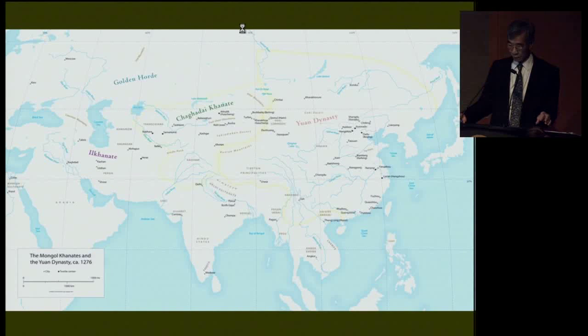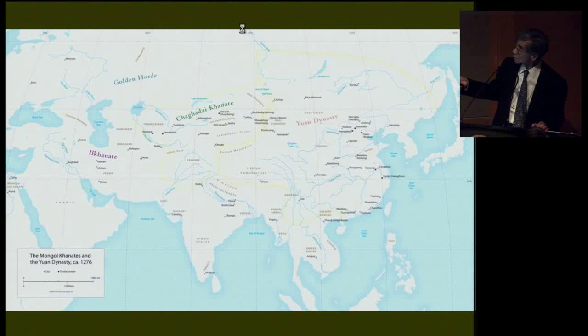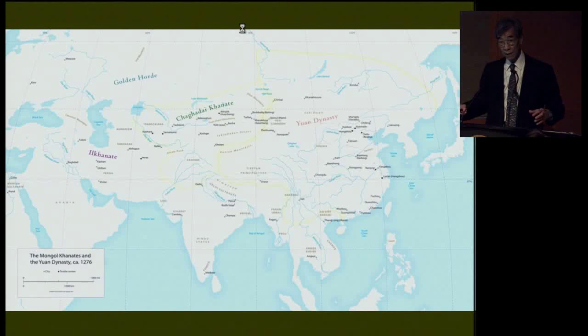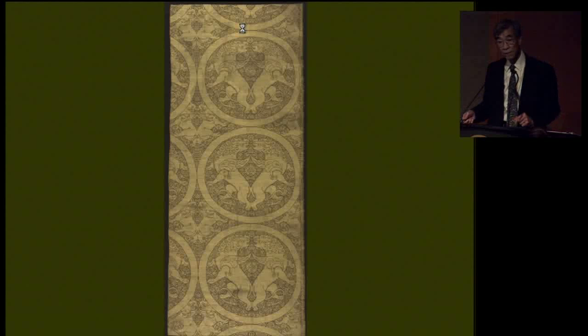And they brought back with them the finest craftsmen the world has ever known, and they put them in centers of production, either in Karakoram, the capital of the Mongol Empire, and also somewhere here, Beshbalik, I think, in Eastern Central Asia, where Chinese and Central Asian craftsmen worked together to produce something known as the cloth of gold.